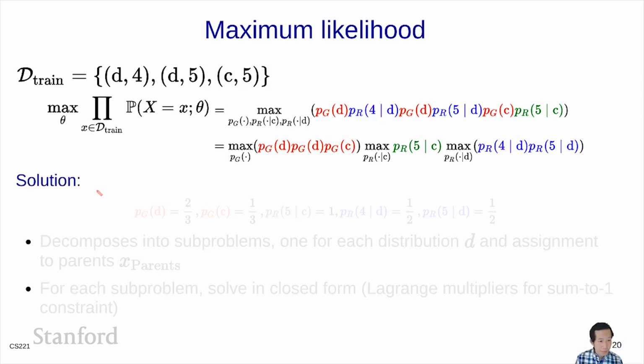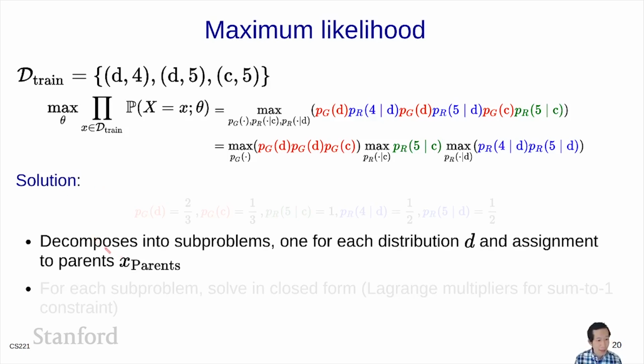So the punchline here is that we can decompose the maximum likelihood objective, which looks like a big tangled mess, into actually subproblems, one for every distribution and assignment to the parents of a particular variable.